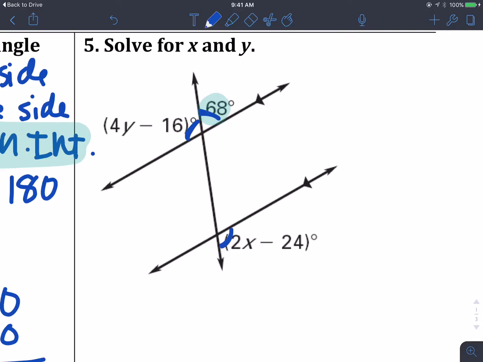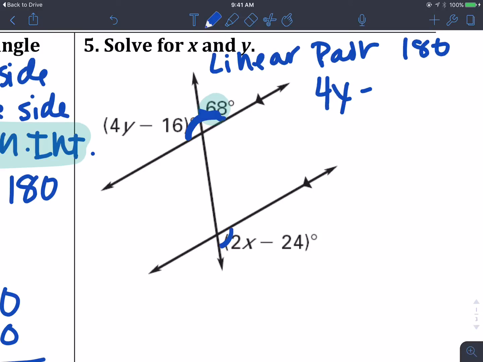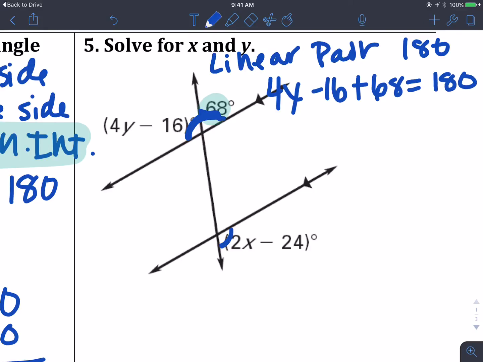Up here on top, if I connected these two together, these are going to be a linear pair. So they're going to equal 180. So I'm going to do 4y minus 16 plus 68, and let me move this over, equals 180. I'm going to combine my like terms here.